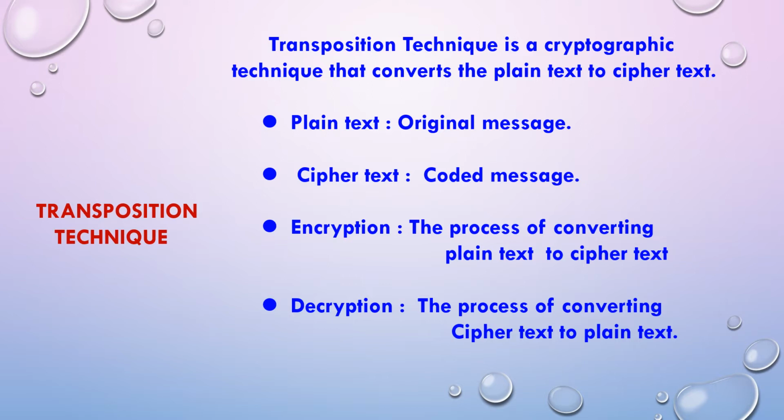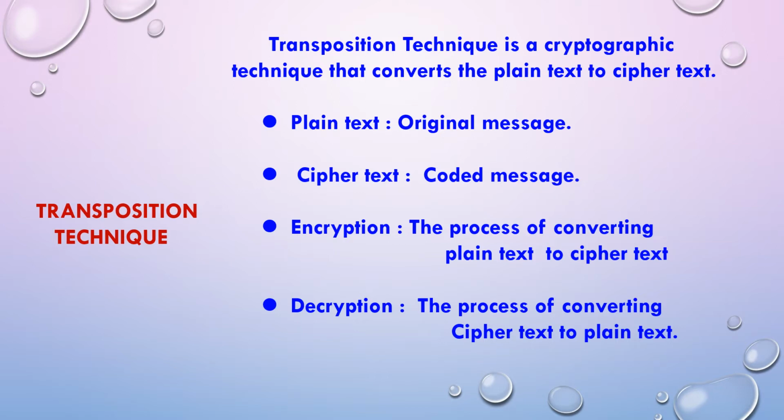Another one is encryption. The process of converting plain text into ciphertext is called encryption. For each and every encryption, there should be a key. So using the key only, encryption will take place. This is done by the sender. Another factor is decryption.